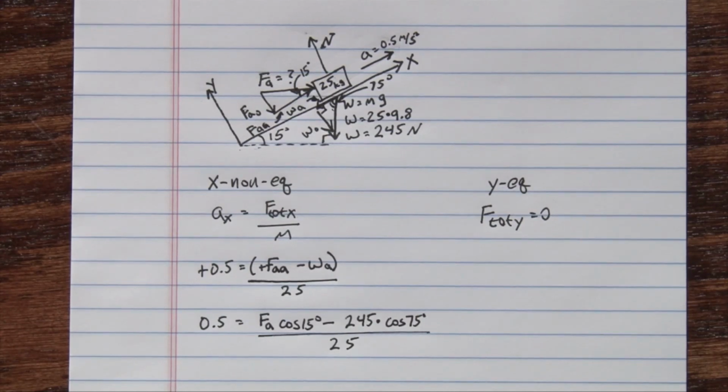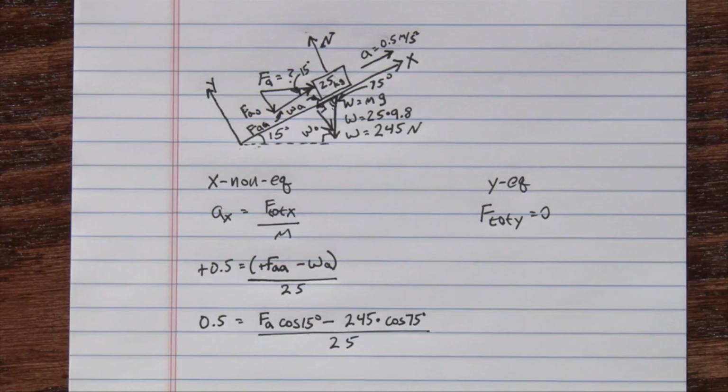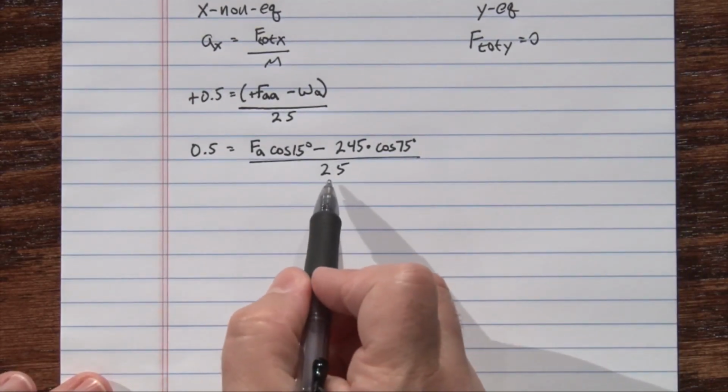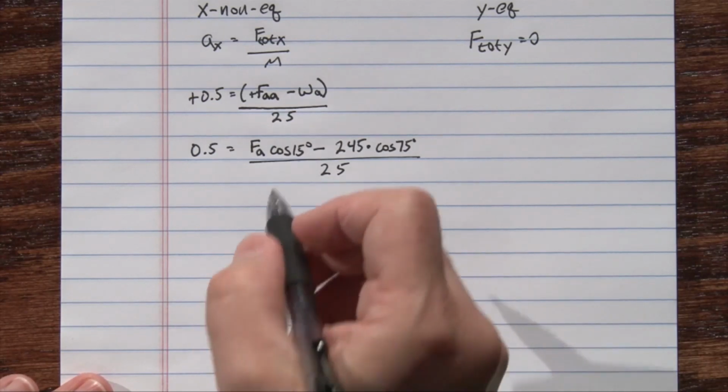And what you can see here is that we now have an equation with one unknown in it, which is force applied, which is what we're looking for. So all we have to do is to solve this equation for force applied. How do we do that? Well, I can multiply both sides of this equation by 25.